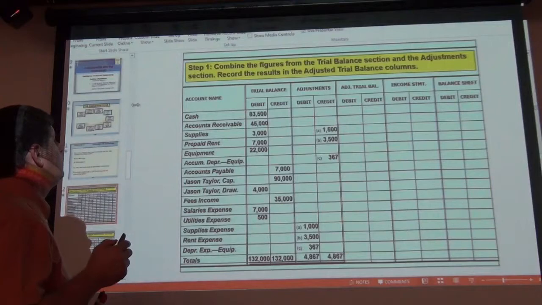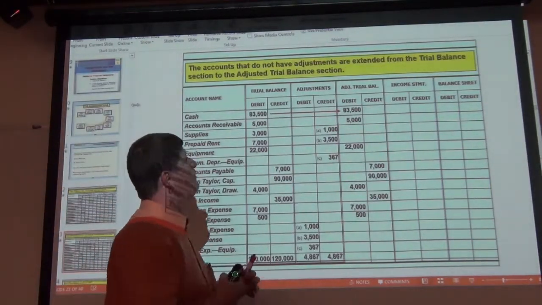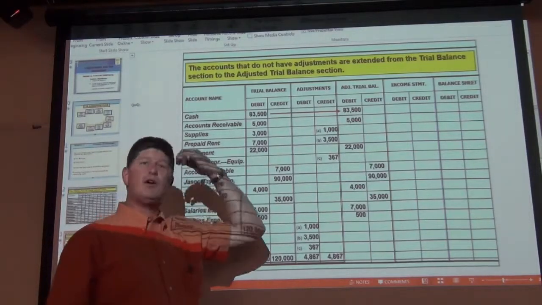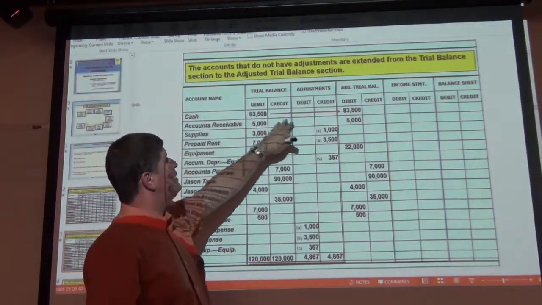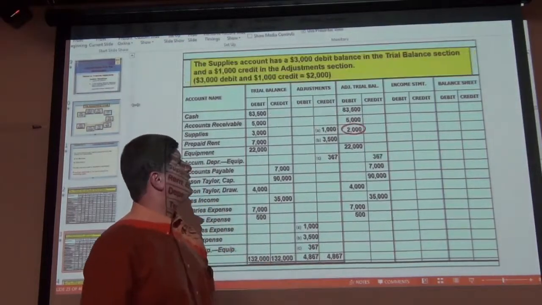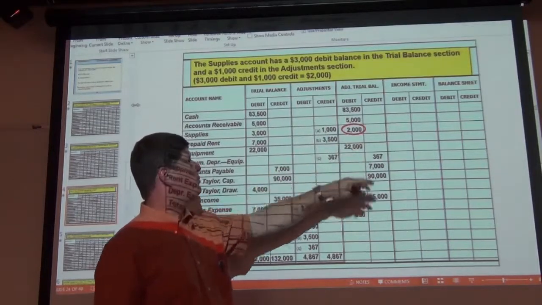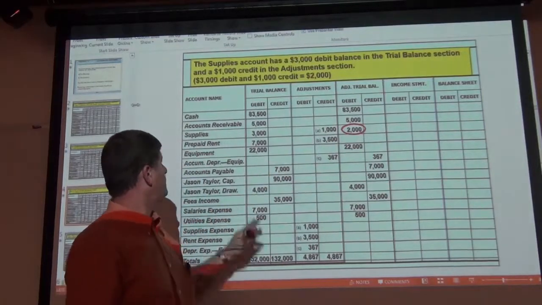Okay. Here we go. Now they're going to show us how to carry the balances across. But we've already done this, right? So the shortcut they're showing you here is if there's no adjustments, just bring the balance across. Do the math on the others, debits, credits, come up with your ending balance. Okay?